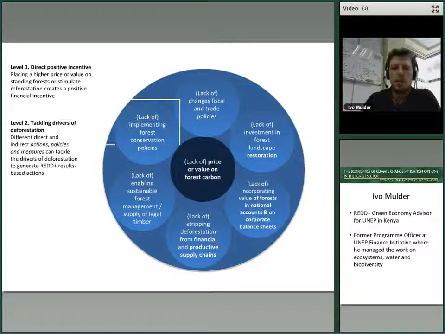Around it, there are a number of, you can call it enabling factors or potential policies and measures that in many cases are not being carried out in many countries, due to which there is still a high level of deforestation. You can think about fiscal and trade policies that now incentivize or increase pressure on forest, the lack of investment in forest landscape restoration, the need and the current lack to incorporate the value of forest and natural assets on corporate balance sheets and national accounts.